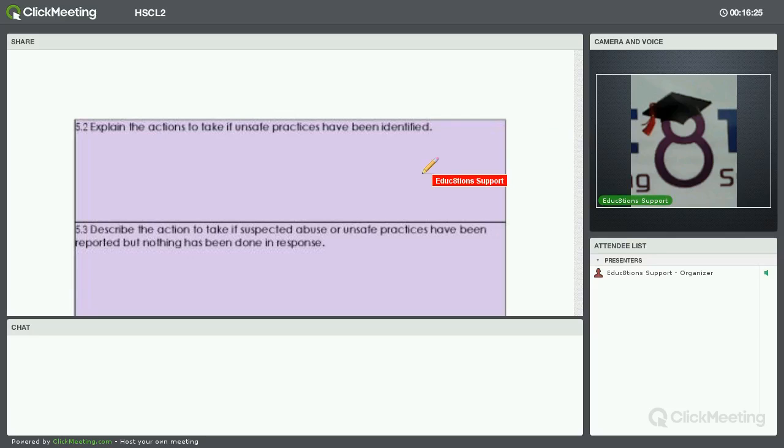So obviously you're working along and you've been working for a few months or a few years or whatever. And I want you to tell me what actions you'll take because you've identified unsafe practices. Now, that's not talking about you've identified direct abuse, but it's an unsafe practice.